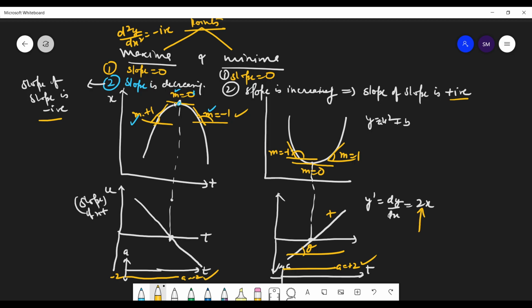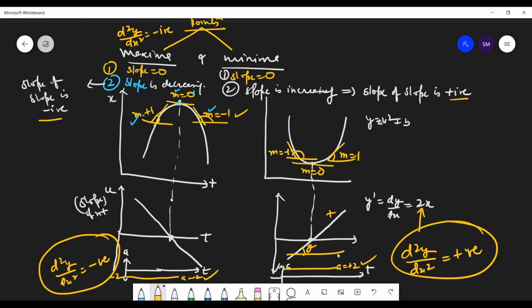That is how you reach maxima. You reach maxima when your slope is decreasing, because after maximum the slope will start decreasing, not increasing more than that. So it will be this situation, right? So d square y by dx square will be negative. Agreed? And here d square y by dx square is positive. Got this point, students?